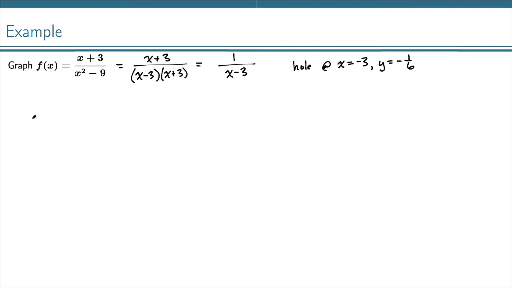Next, we can find our intercepts. For our x-intercepts, these come by simply setting the numerator of our reduced fraction equal to 0. Well, if you try and set 1 equal to 0, obviously this is never true. Therefore, we don't have any x-intercepts.